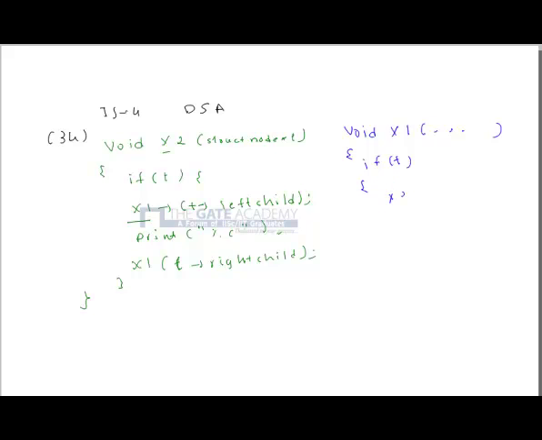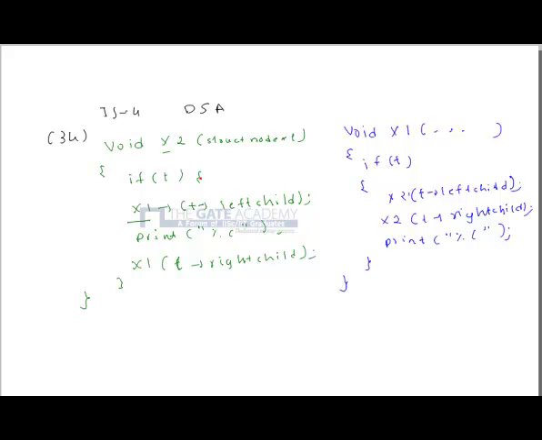In this we call x2. Fine. So from x2 we call x1 and from x1 we call x2. So it is indirect recursion.